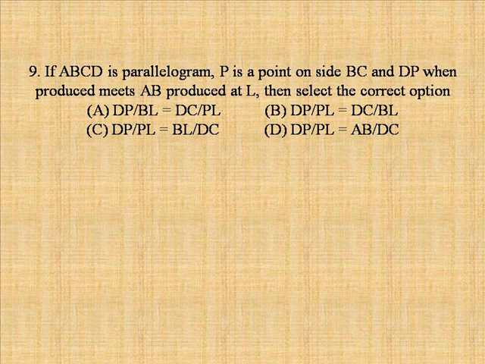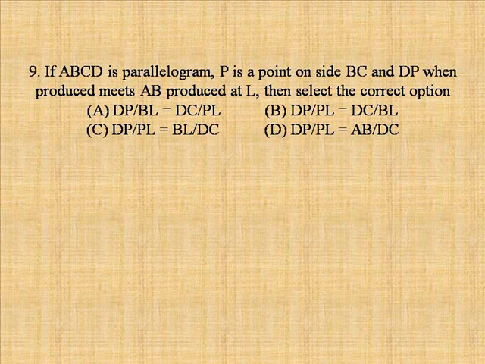Question number 9. If ABCD is the parallelogram, P is a point on side BC and DP when produced meets AB produced at L, then select the correct option.